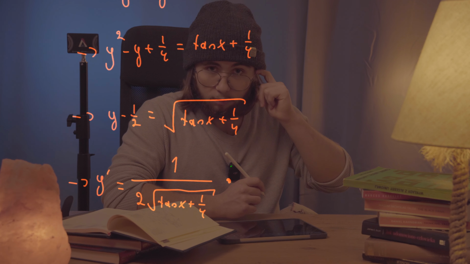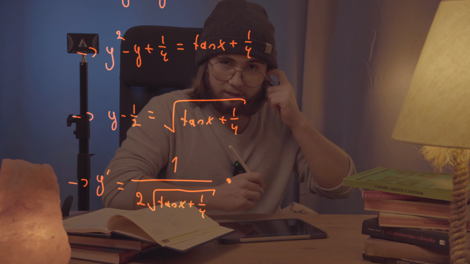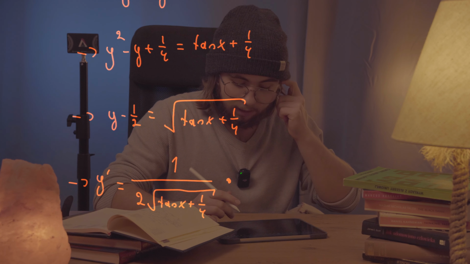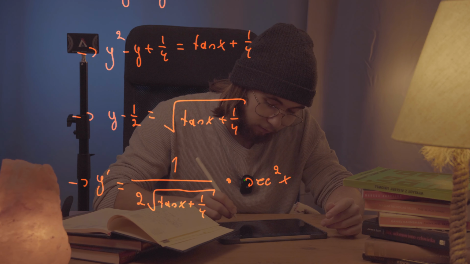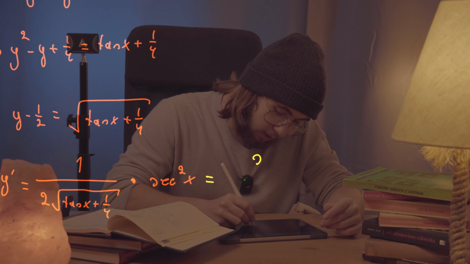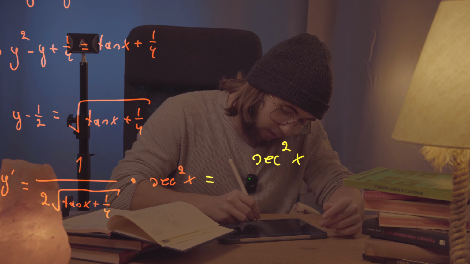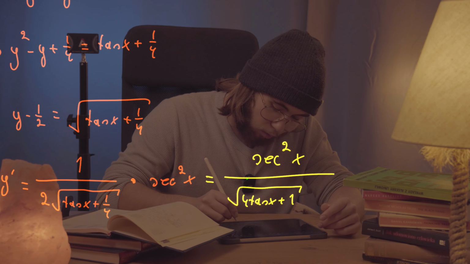What about the derivative of the tangent? Using the quotient rule and interpreting tangent of x as sine over cosine, we end up with secant squared of x. And so the derivative we're looking for is just the secant squared of x all over the square root of 4 times the tangent of x plus 1.